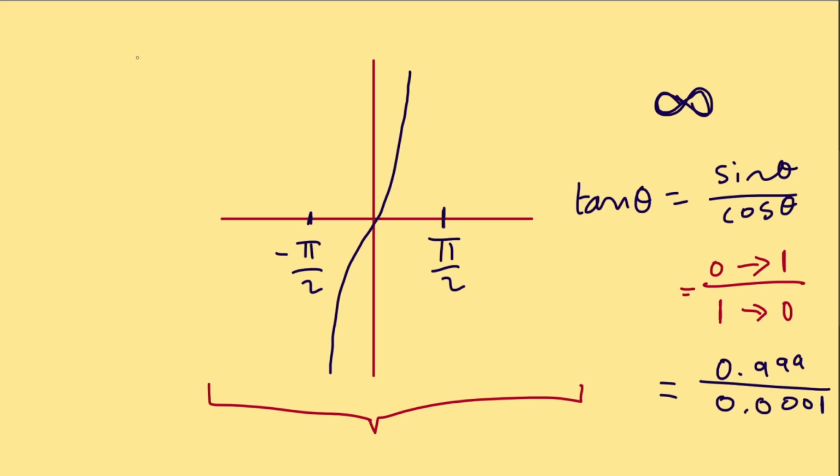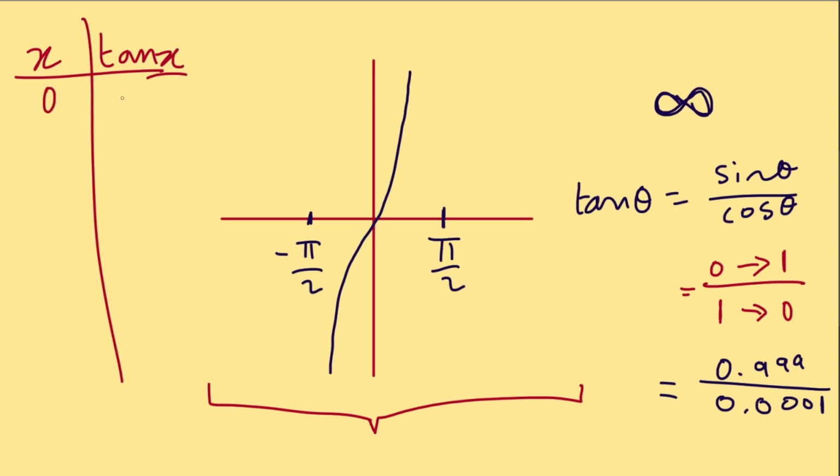And if you just want to understand how fast it's going up as you approach pi over 2, let's draw a table. So you have x and you have tan. The value of tan at x equals 0 is 0. At pi over 4, which is here, it's 1. At 1.4, it's 1.73.